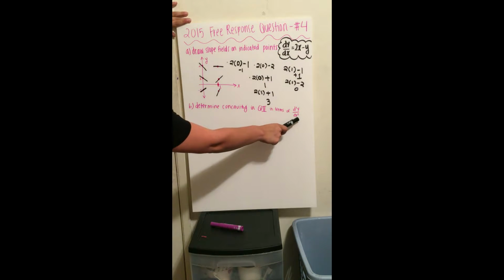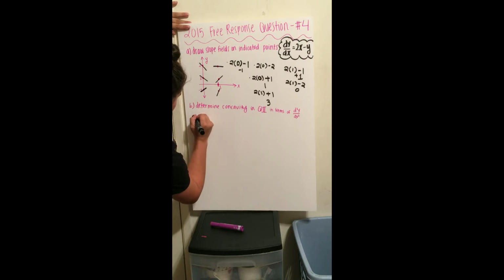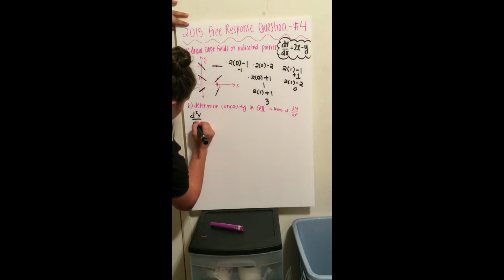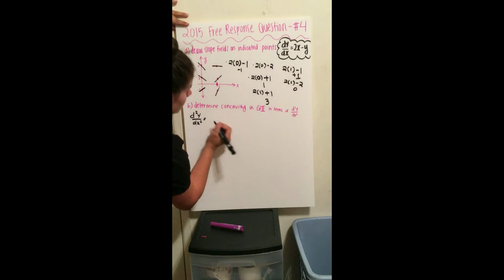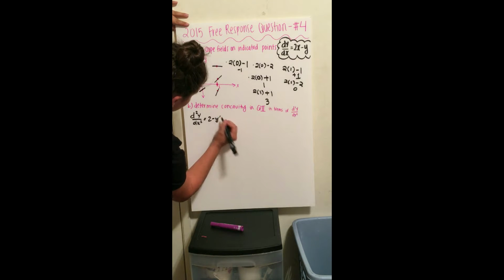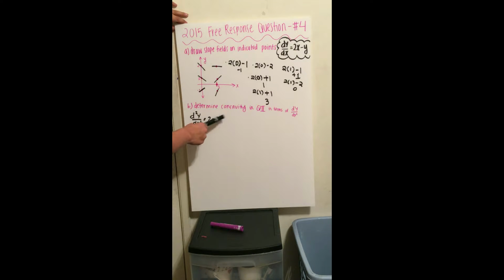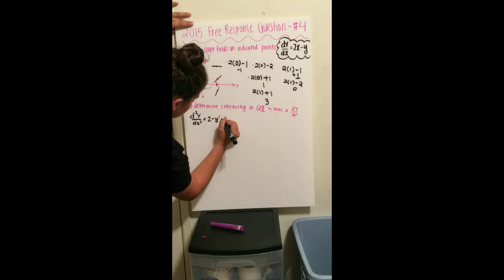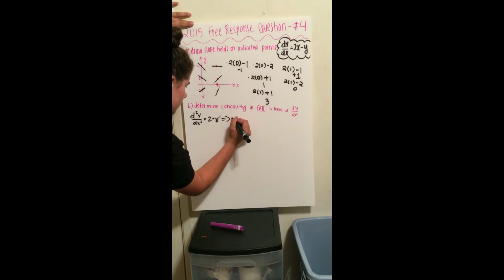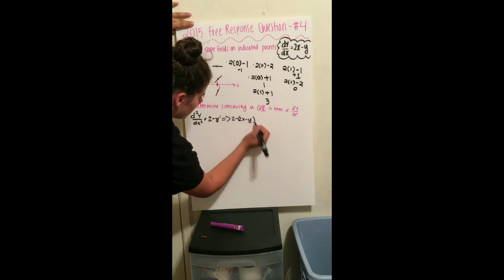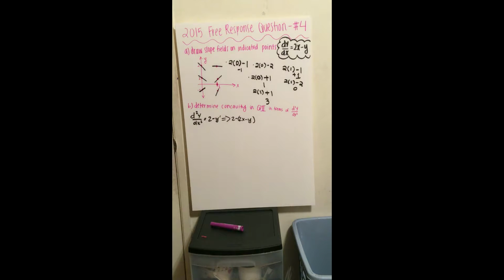So to find the second derivative, we take 2 minus y prime. However, they tell us y prime is 2x minus y. So we can say it's 2 minus (2x minus y). Okay?